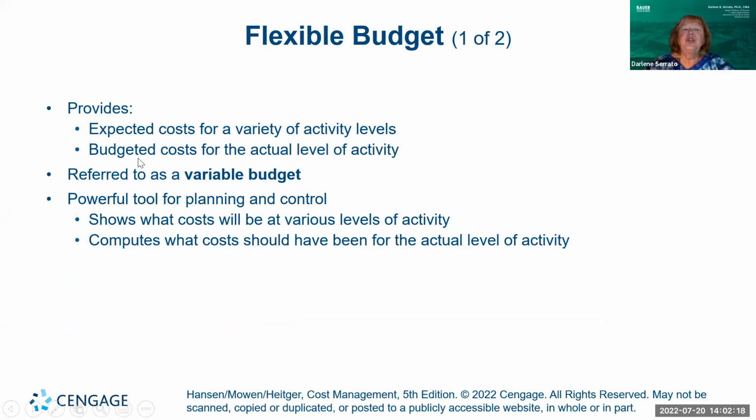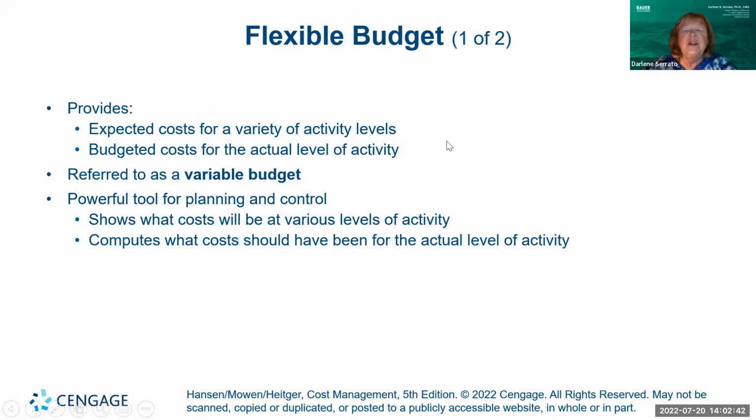So there are two ways we can do a flexible budget. One is by doing several different activity levels. And the other one is to restate the budget for the actual activity level. As we discussed in the review of chapter 3, costs are either variable or fixed.